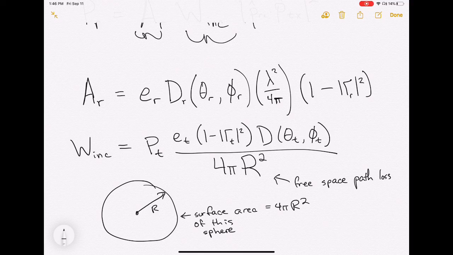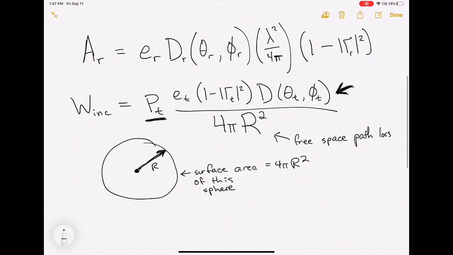So that 1 over 4 pi r squared describes the effect of the power that is being transmitted spreading out into a larger and larger area. This directivity describes its dependence on angle, on direction. And these efficiency terms tell you how much of that power is not actually making it into the radiated power.